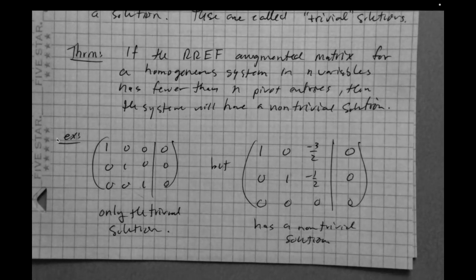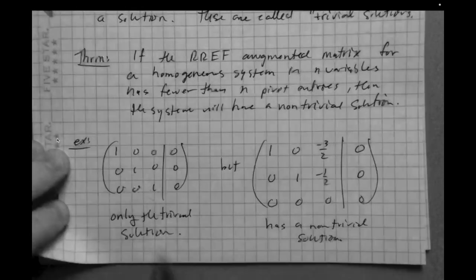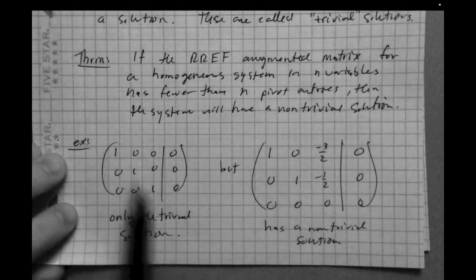In fact, this one will have infinitely many non-trivial solutions. It's got an independent variable, that x3 is independent. Okay. Very good. So this is what this theorem is describing.